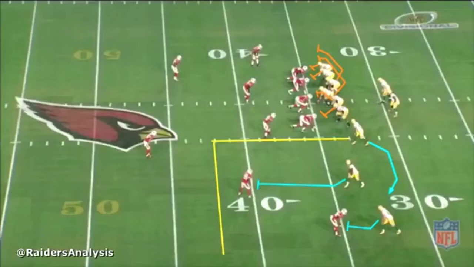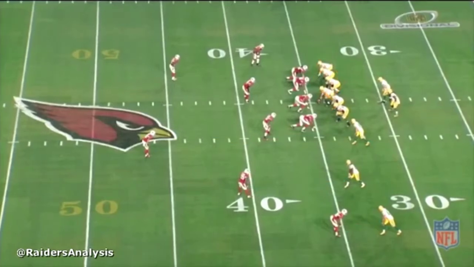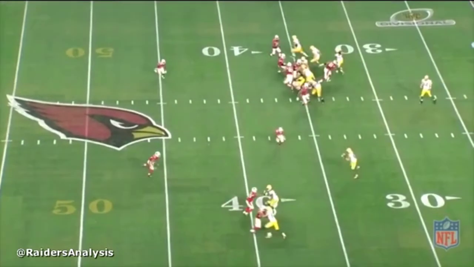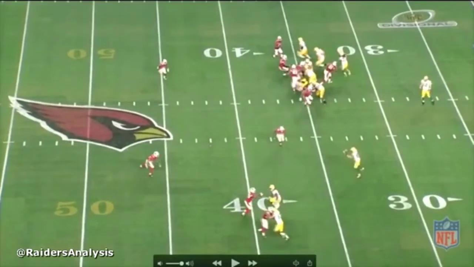Now, me personally, I prefer post-snap RPOs, but pre-snap RPOs, it's very simple to execute. It gives you easy yards. You're typically not going to get a huge play with a pre-snap RPO, but it's simple and it's easy to execute. And you see, Rodgers makes an accurate throw, gives the wide receiver a chance to get some yards after the catch.